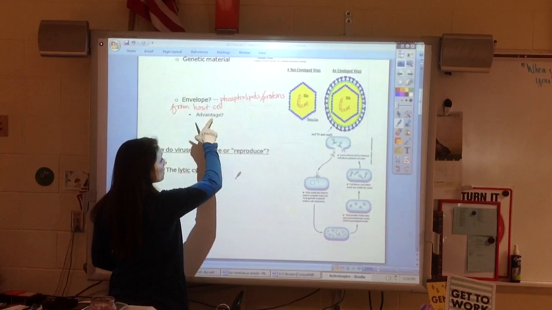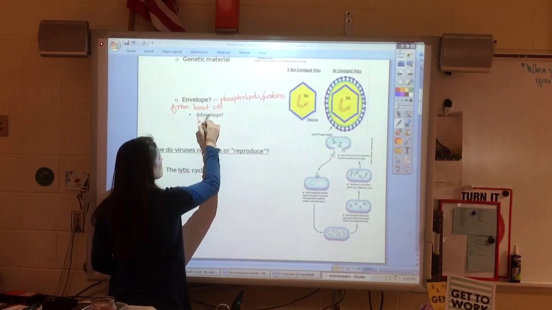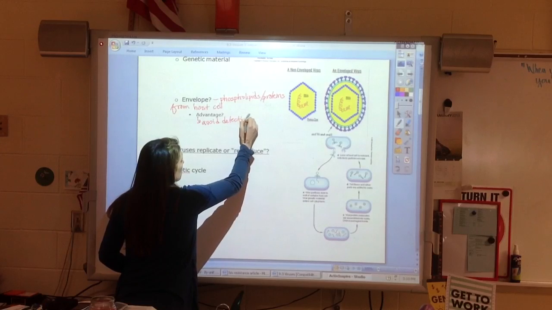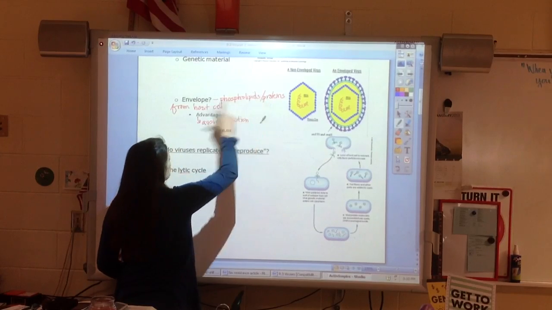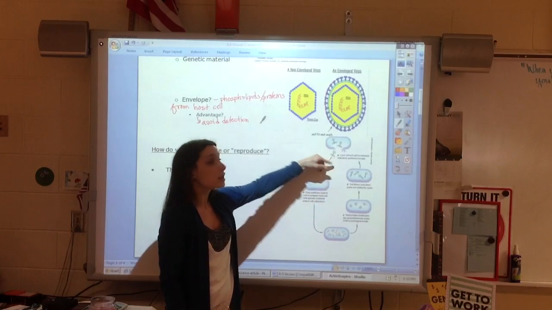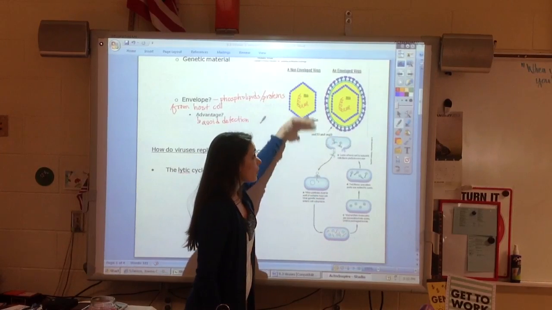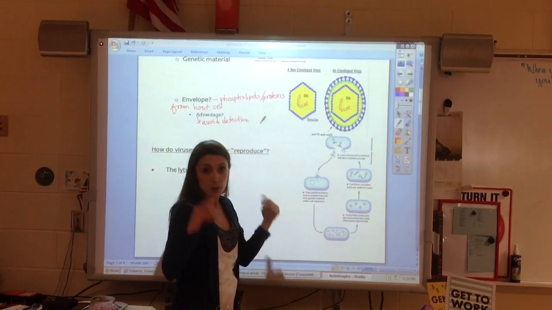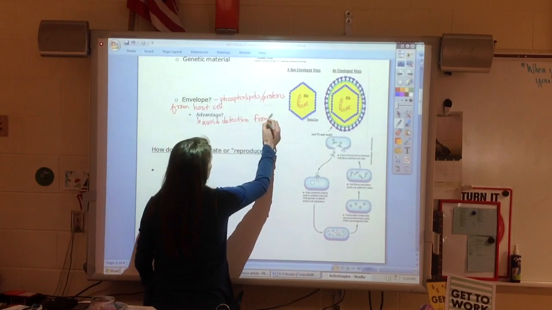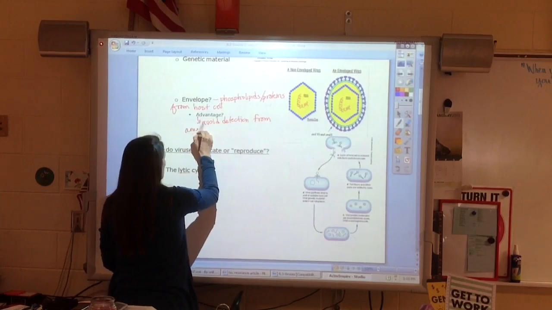This is going to be an advantage because it helps avoid detection. It actually steals lipids and proteins from its host. As it bursts out of its host, it surrounds itself in its host cell's cell membrane and it helps it avoid detection from any immune responses.